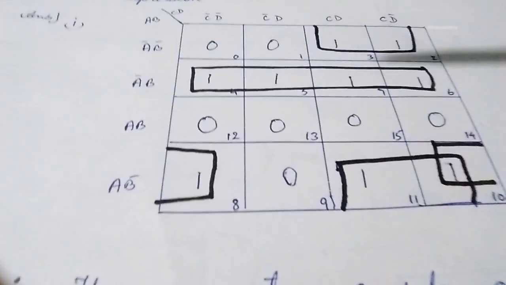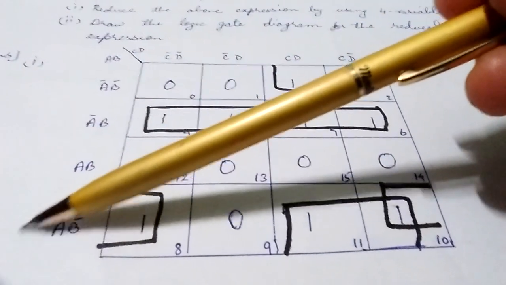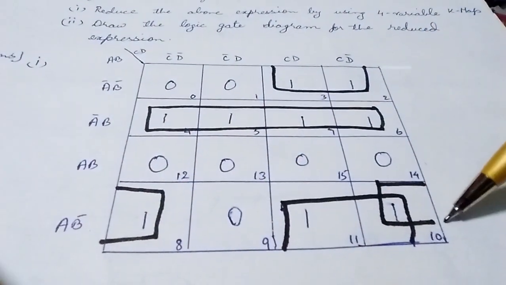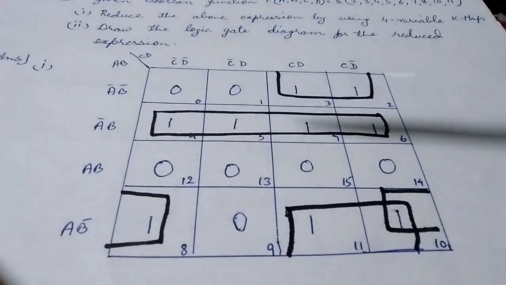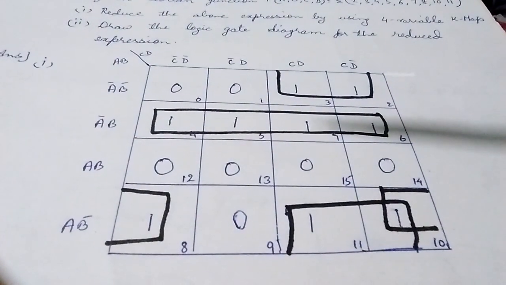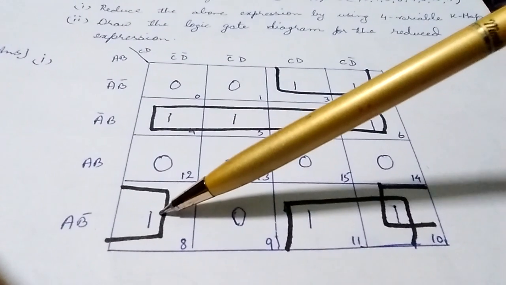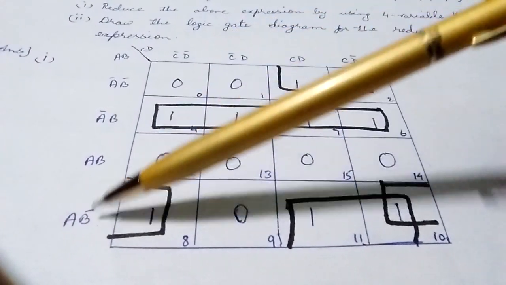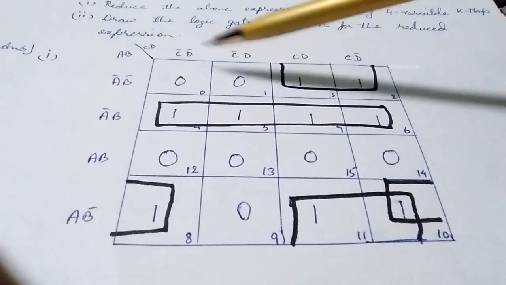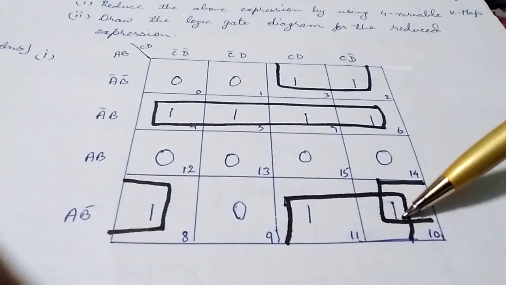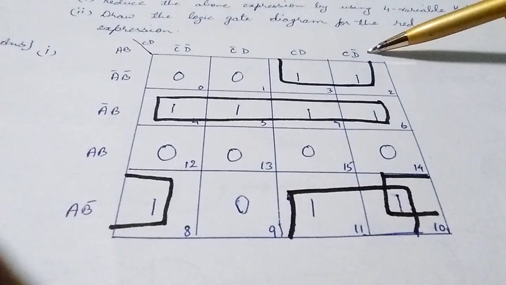For the pair, we see A B bar is common for both. It means A B bar will remain, and we have also learned that the pair reduces only one component. So for this column we are having C bar D bar, and for this one the column is C D bar.